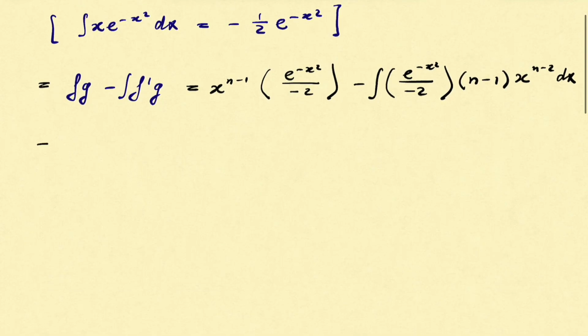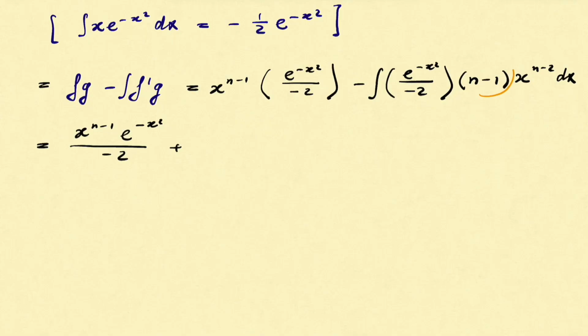Alright, let's write it in a more neat way. What we have is x to the n minus 1 times e to the minus x squared over minus 2 plus, since we have minus 2 here, and we know that n minus 1 is a constant, minus 2 is a constant.